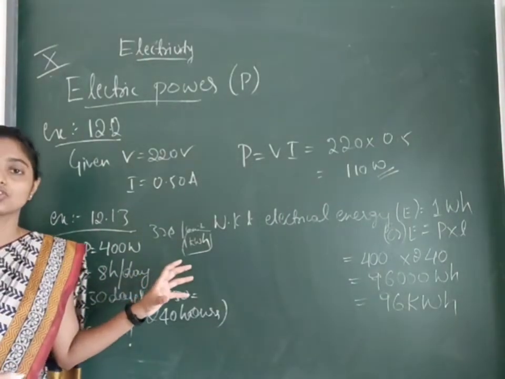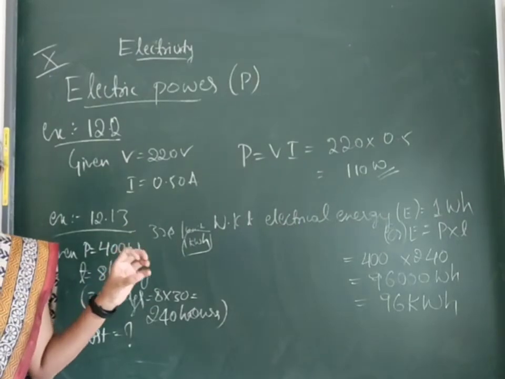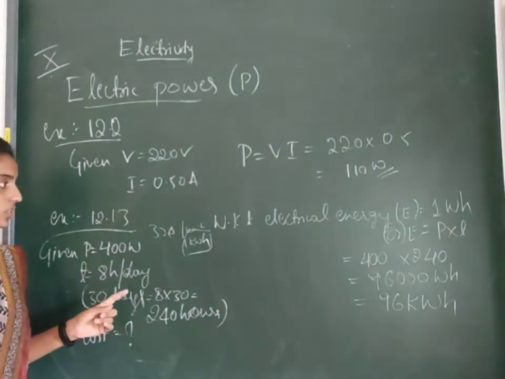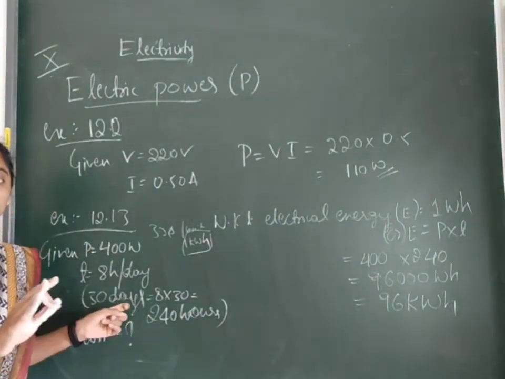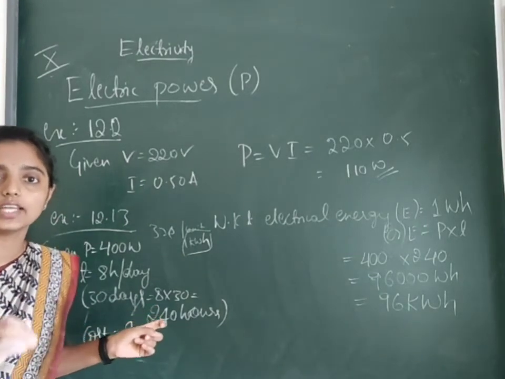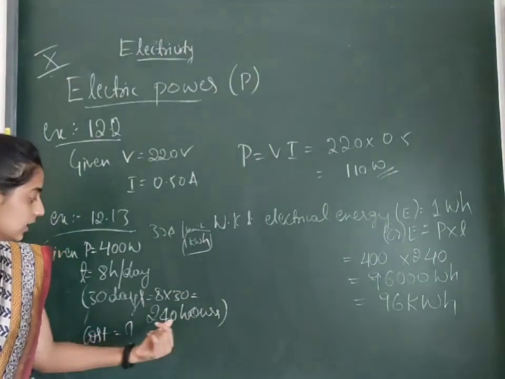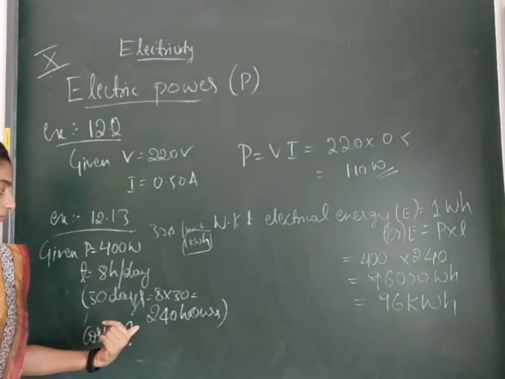First we need to find out the electric energy using this formula. Now 8 hours per day they have given, and they are asking us to estimate the cost for 30 days, right? So that means 8 into 30 days, 240 hours.